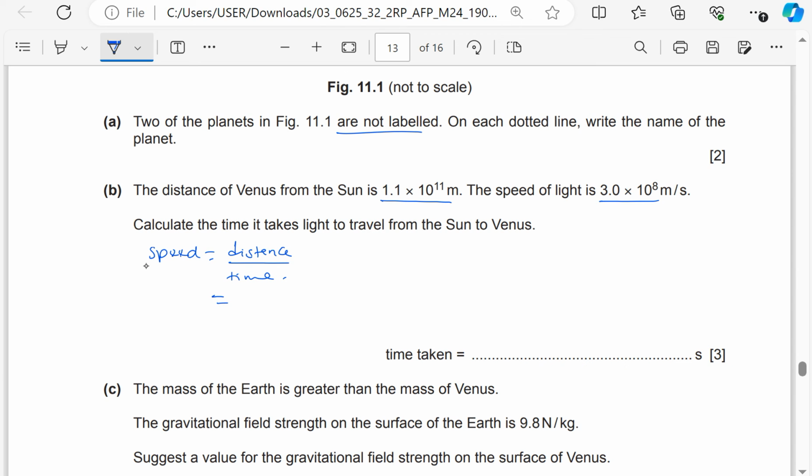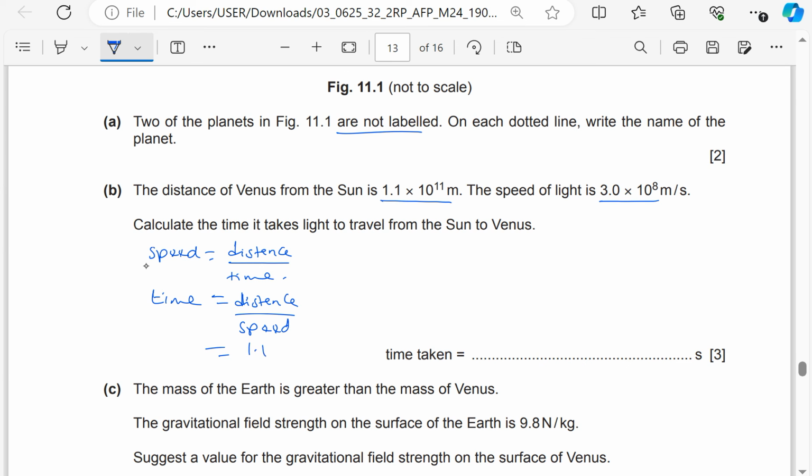We want to find the time, so time is distance over speed.